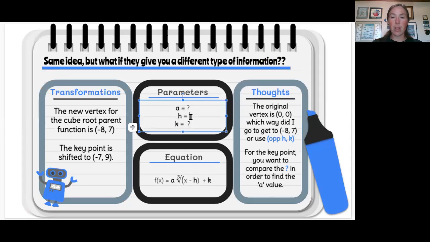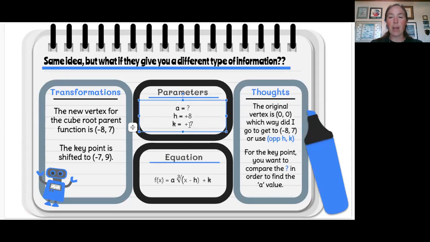And so if we go in here, this should be a +8. The other point of that is if I was trying to get to -8 and then to 7, I went to the left and then up. Well, left is positive 8, okay? Then 7, that's a little bit easier. We obviously went up, so this is plus 7.